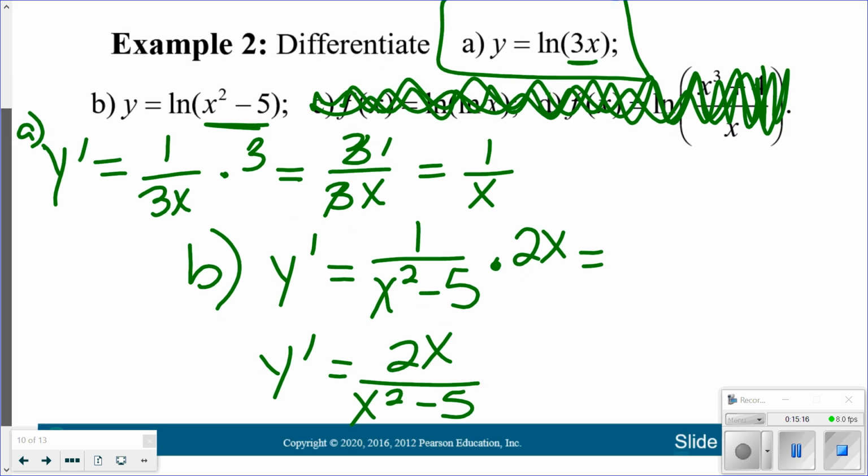Okay, now I want you to pay attention here. A lot of people will try to cross out those x's. Not everything up there has an x. If I can't take it from everybody, I can't take it from anybody. So since this 5 does not have an x, so I can't take 1 away from the 5, I cannot divide that x out.